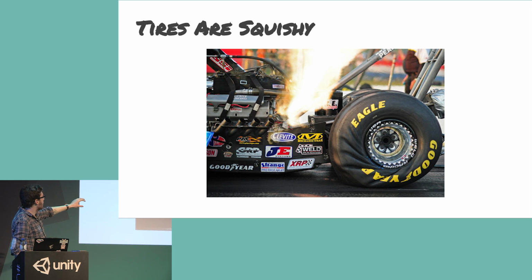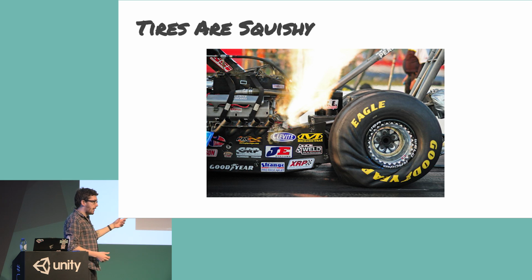So you see this picture. It shows how tires are squishy, right? And when the axle moves, the tire doesn't move exactly the same. There's some delay between the movement of the axle, the engine, and the movement of the tire on the road, and therefore the movement of the car. And the slip value is kind of like the amount that the tire is wound up.